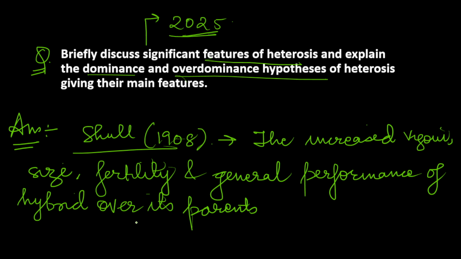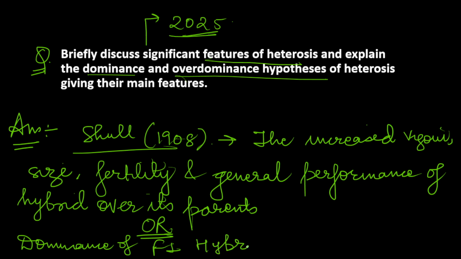Or more simply, you can mention that heterosis is the dominance of F1 hybrid over both of its parents.